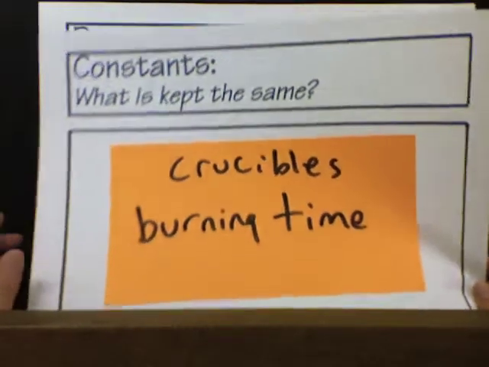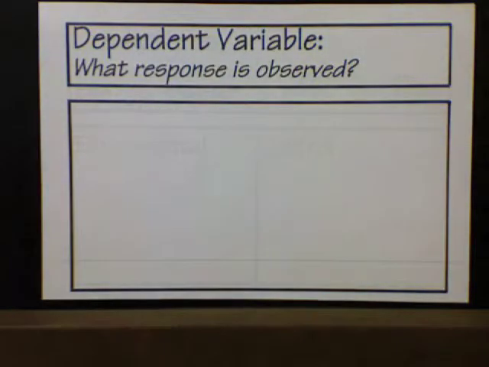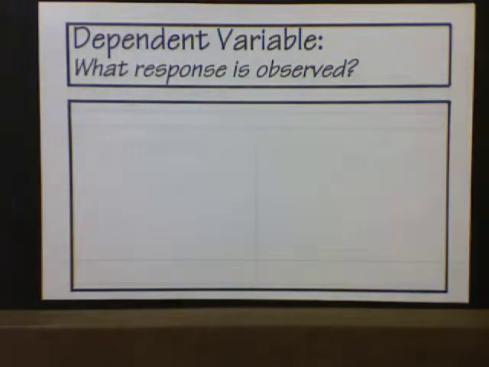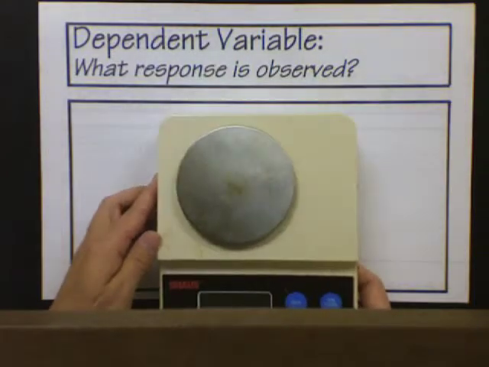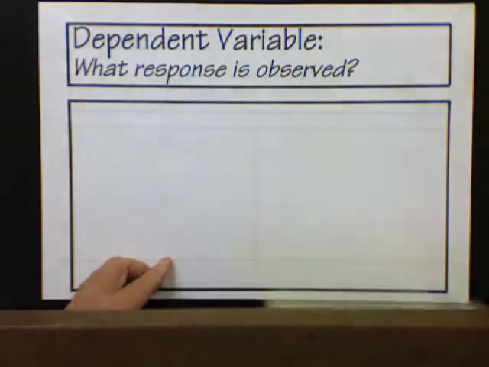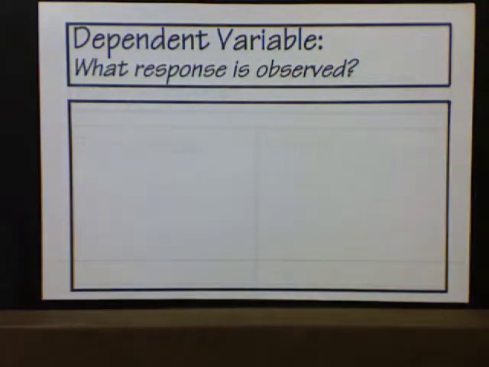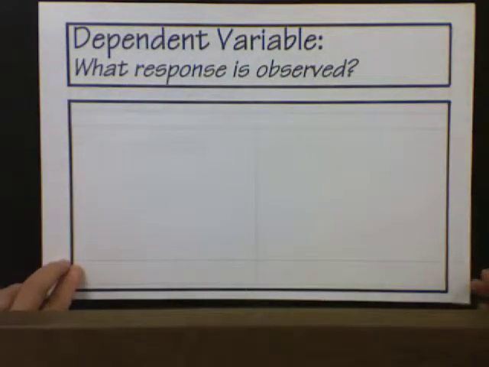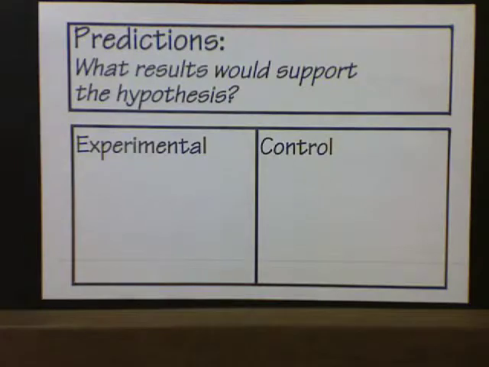Finally, we make note of the dependent variable, the thing that we're going to measure or look for, what is going to be our data. In that experiment, the data that we took was the mass of the crucibles and how the mass changed or not. So the dependent variable is what your data are about, what response is going to be observed. And you make predictions about those.